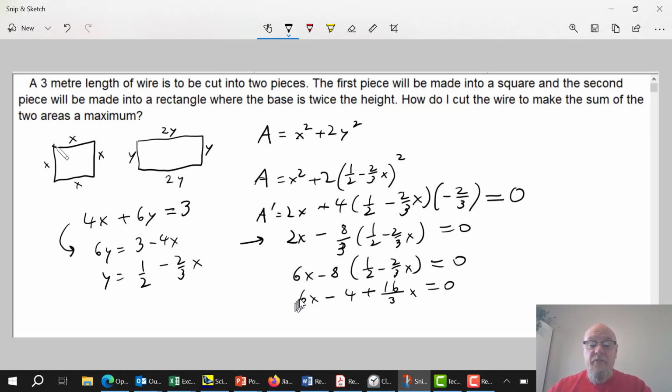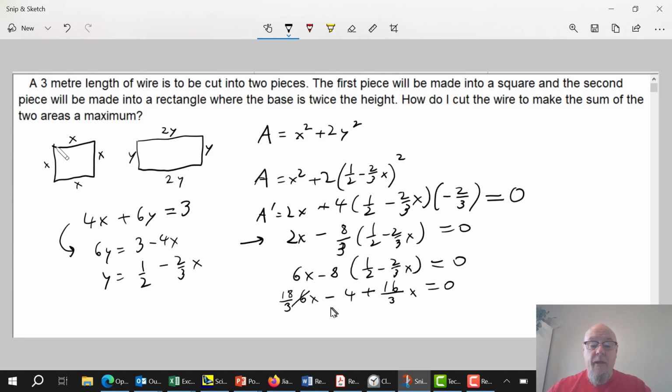Okay, for this 6x, let's just write the 6 as 18 over 3.